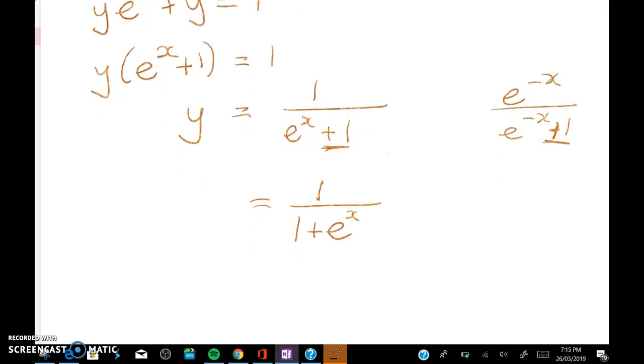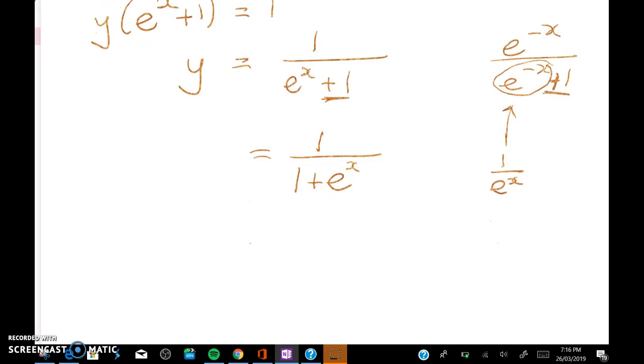Now, think about what e to the power of x is. It's simply 1 over e to the power of negative x. So I can divide both the denominator and numerator by e to the power of x. It's going to give me this, 1 over e to the power of x divided by 1 over e to the power of x plus e to the x over e to the power of x.